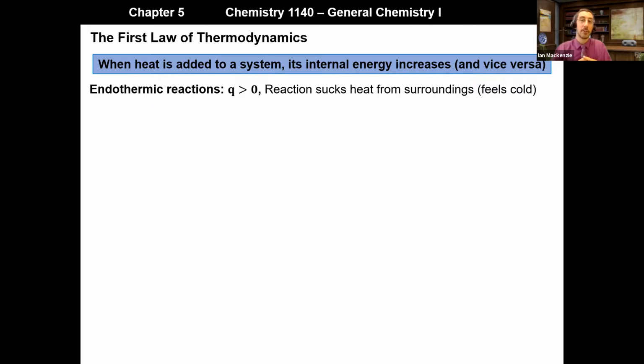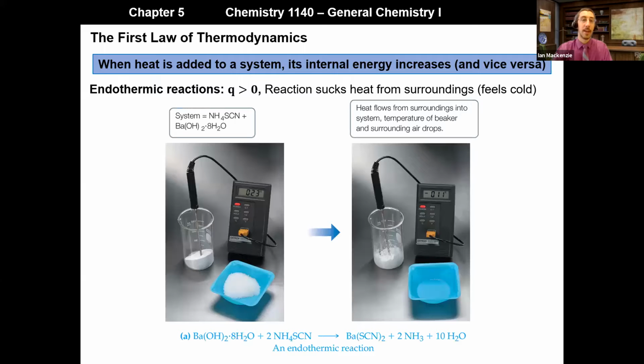Endothermic reactions feel cold because if you hold the vial that has the reaction, your hand is part of the surroundings. The reaction is pulling heat from the surroundings, and so that makes your hand feel cold. An example of this would be this reaction here.